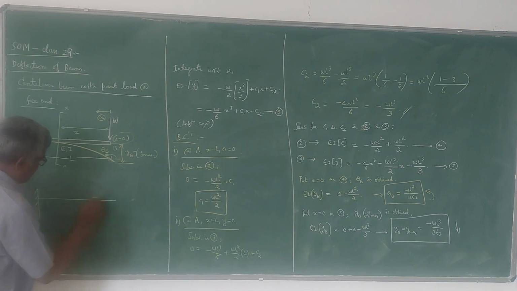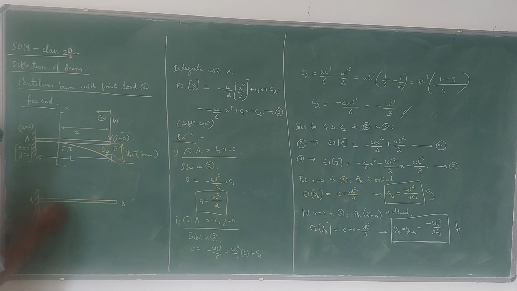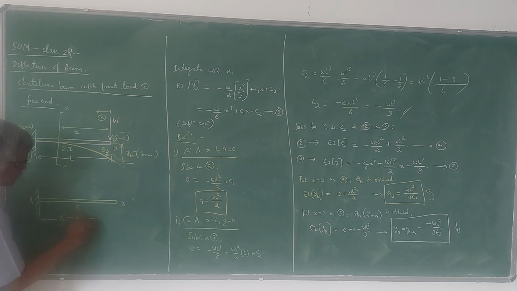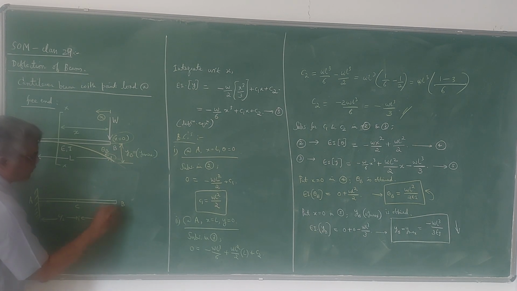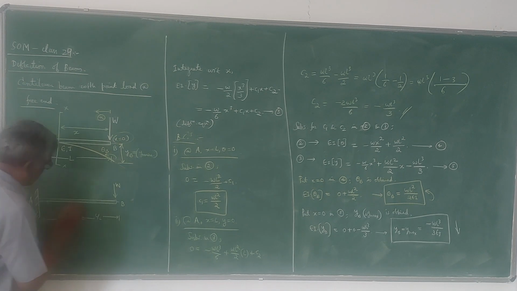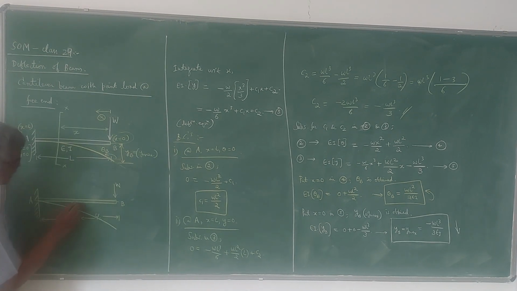For the same problem, let us take B, A, and the midspan point C, where x is L by 2 and the remaining distance is also L by 2. The deflected shape won't change, it will be like this only. But here I need the value of YC.